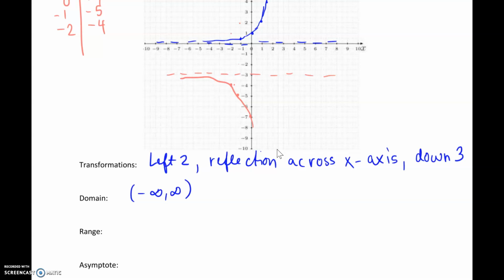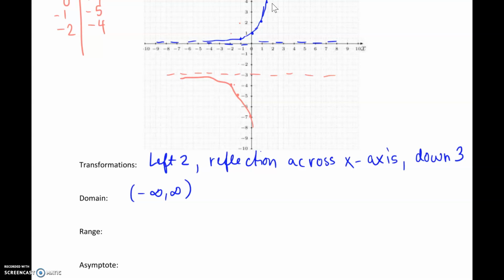Our range is going to be determined by our asymptote over here. Our original graph had a range from 0 to infinity. When we moved our graph 2 to the left, our range was still from 0 to infinity. When we flipped our graph down, our range was now from negative infinity to 0 because it was below the x-axis.